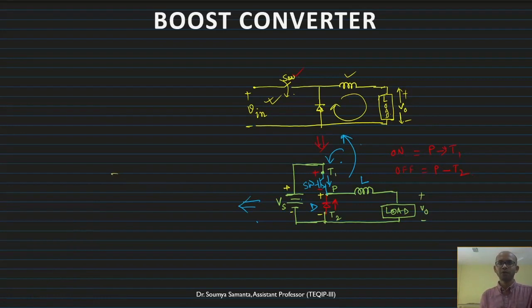What I have told, we will just interchange the position. This is the throw T1, where what will be this one? This will be the diode, and there I will connect the IGBT, the switch. Sorry, mistake.